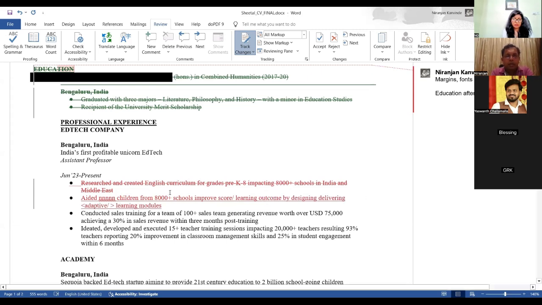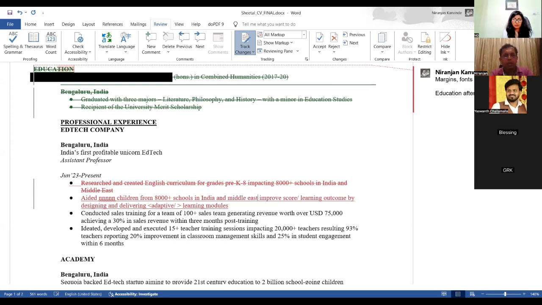By designing and delivering adaptive learning models. And then here you mentioned so many schools, schools in India and Middle East.